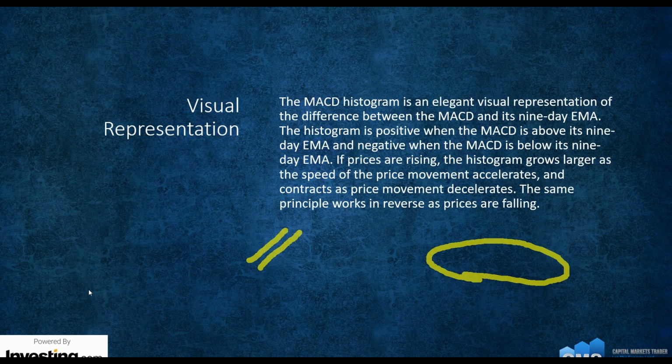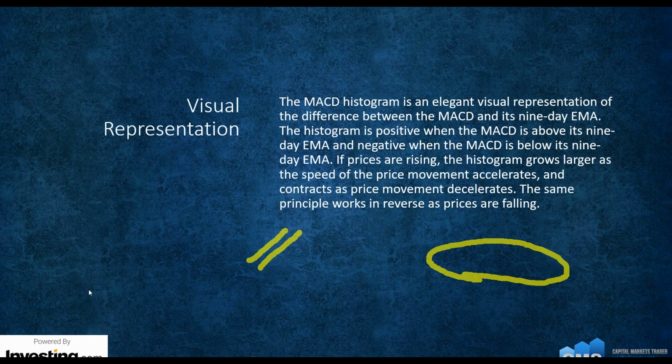The histogram is positive when the MACD is above its 9-day EMA and negative when the MACD is below its 9-day EMA. If prices are rising, the histogram grows larger as the speed of the price movement accelerates and contracts as the price movement decelerates.